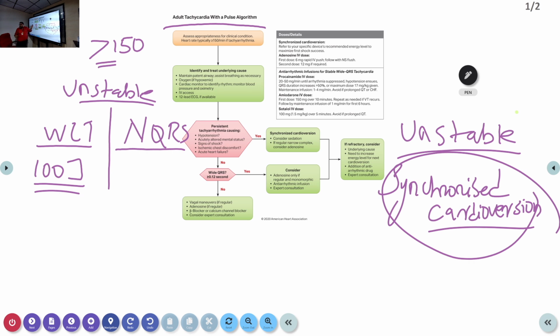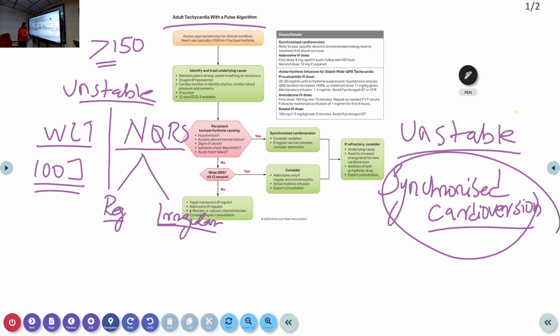Now come to the narrow QRS side. What options do you have? You can have regular and irregular. For a regular or irregular unstable narrow QRS tachycardia, again the treatment is synchronized cardioversion, but there is a slight joule change.